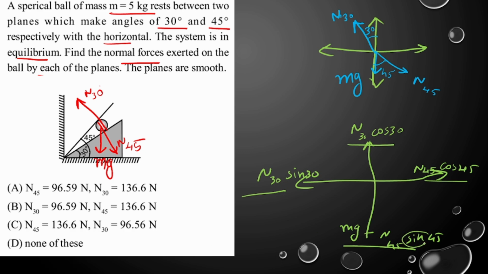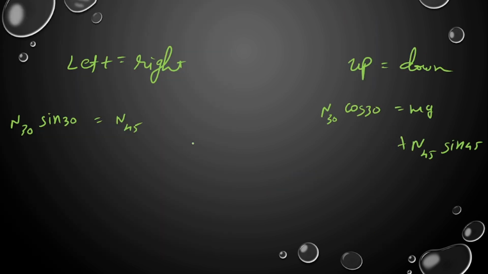Here you can change this as cos and this by sin, because for 45 there is no such difference. Sin 45 and cos 45 are the same. So N30 sin 30 is 1 by 2 and for 45 it is 1 upon root 2.